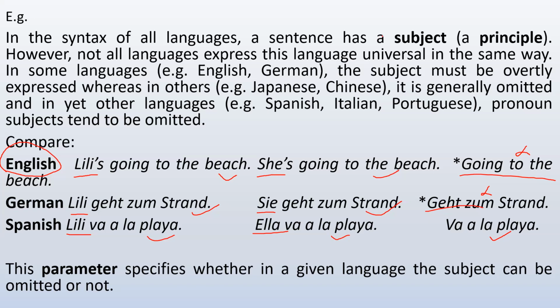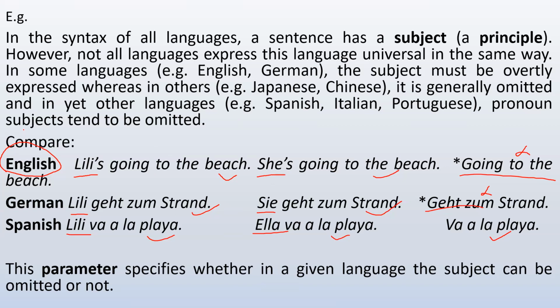A sentence has a subject. So that is the principle. But how the speakers of different languages use the subject is different from one another, and that is their parameters.